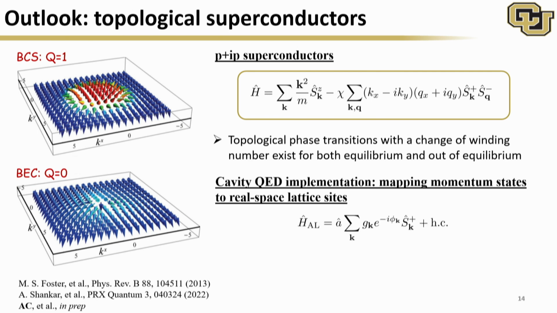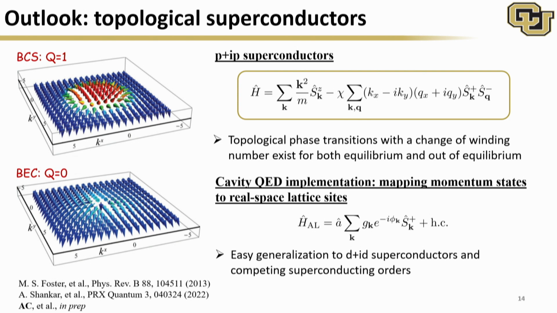The way to implement this in a cavity QED system is that we can map these momentum states into real-space lattice sites, so that the atoms at their positions can couple differently to the cavity field. With a given amplitude and phase, we can mimic this p plus ip Hamiltonian, where the spin exchange interaction can depend on their momentum state. This idea can also generalize to d plus id superconductors and may also be used for competing superconducting orders. And we are working toward this direction.